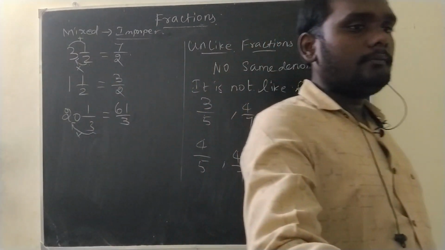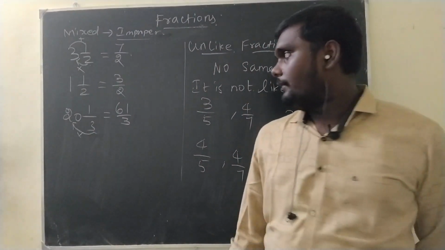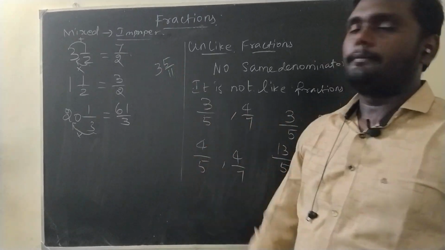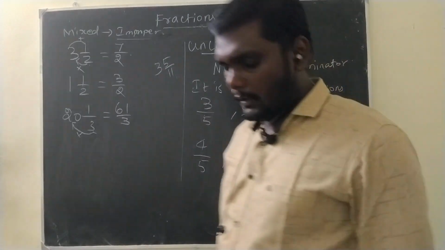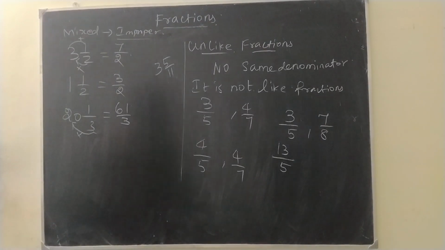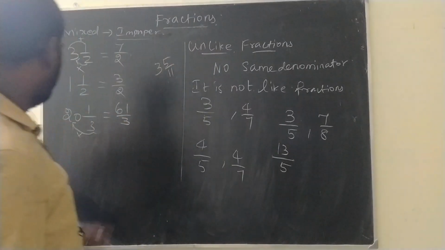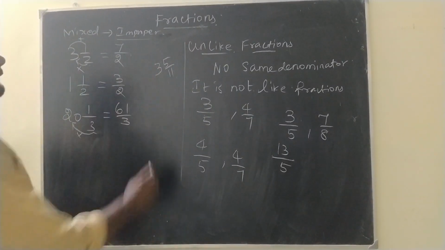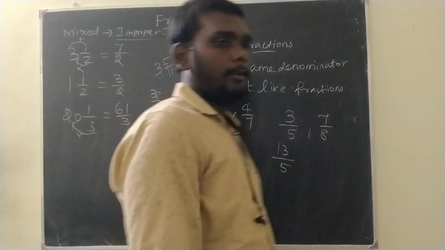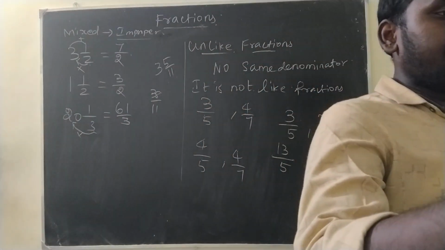Likewise, you convert the number 3 5 by 11. Say what is that? 38 by 11, because 33 plus 5 is 38 by 11. Perfect. Good.